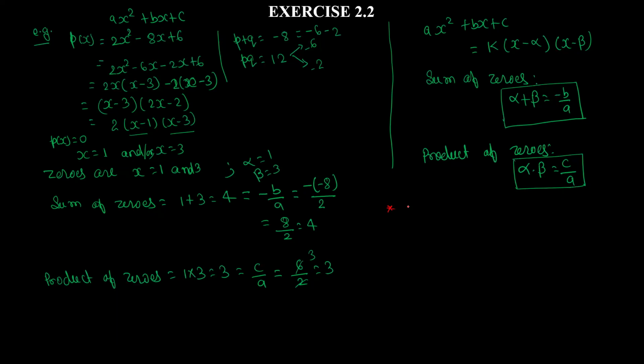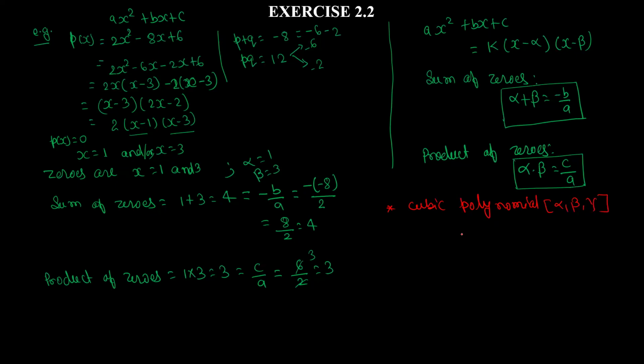So in case of cubic polynomials, so name is the cubic. So how many zeros will we have? 3 zeros. So those zeros we are going to consider as alpha, beta, gamma.